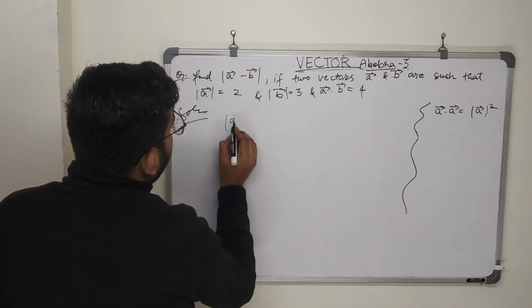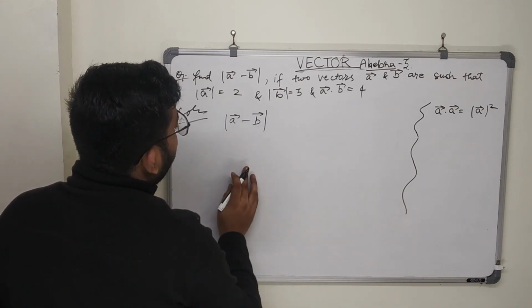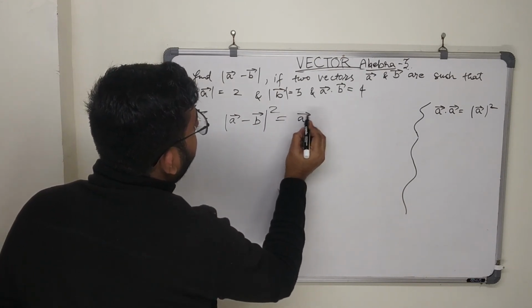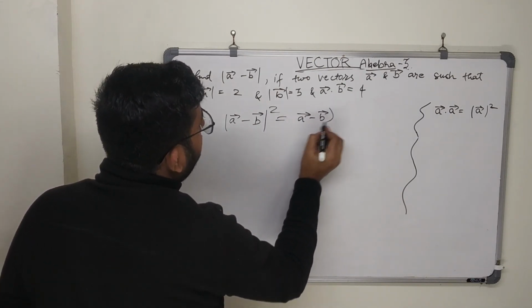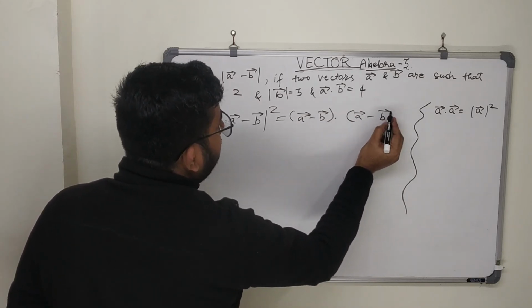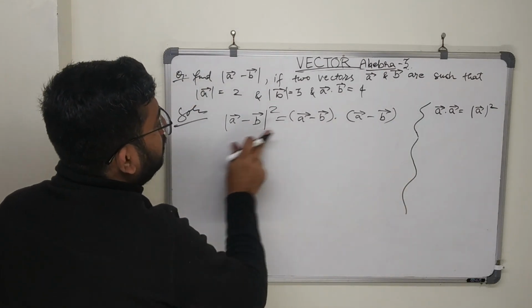मान लीजिए हमें ये फाइंड करना है, a vector minus b vector's magnitude. If we square this, then we can write this as a vector minus b vector dot a vector minus b vector. Just by this concept we can write this.